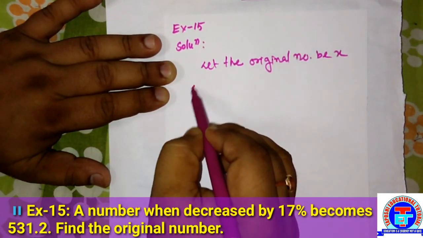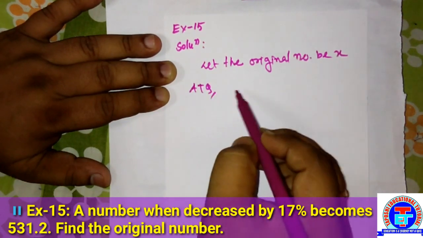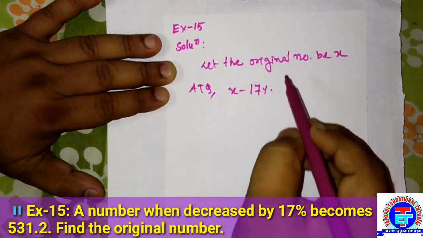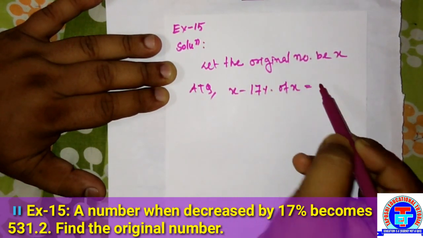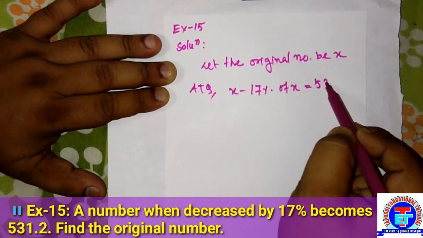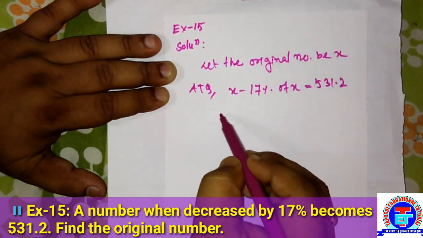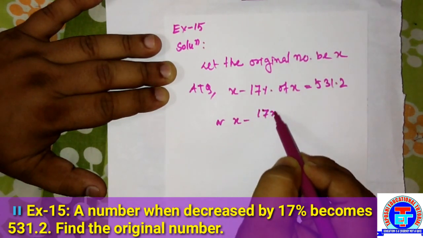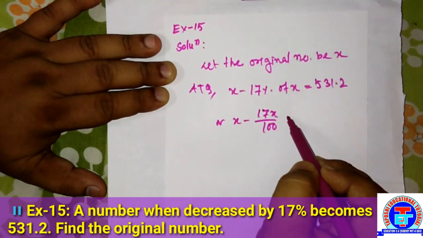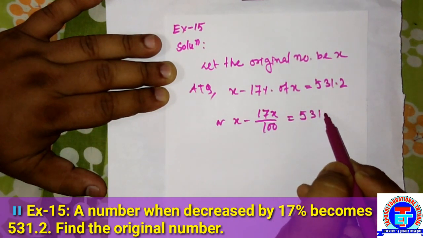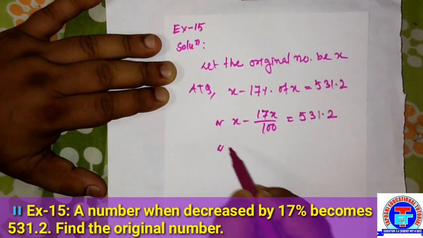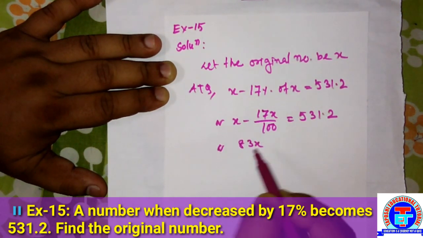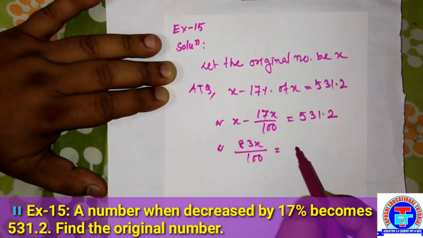Now according to the question, here we write x minus 17% of x is equal to 531.2, right? Or x minus 17x by 100 is equal to 531.2, or 83x by 100 is equal to 531.2, right?